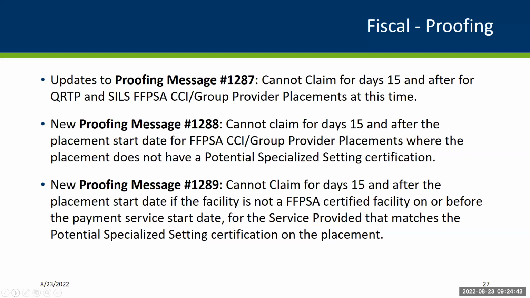This proofing message logic is still in place for QRTP and SIL's specialized settings. And then the next two proofing messages, 1288 and 1289, are new proofing messages to the Child Foster Care Report due to the Family First Prevention Services implementation.